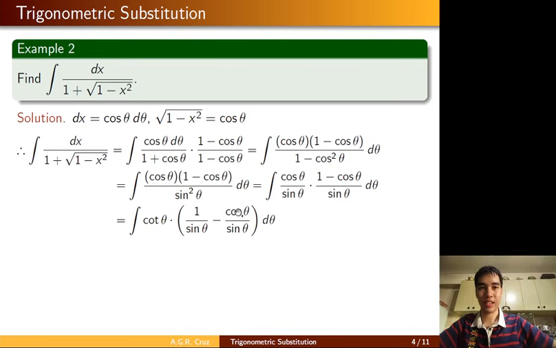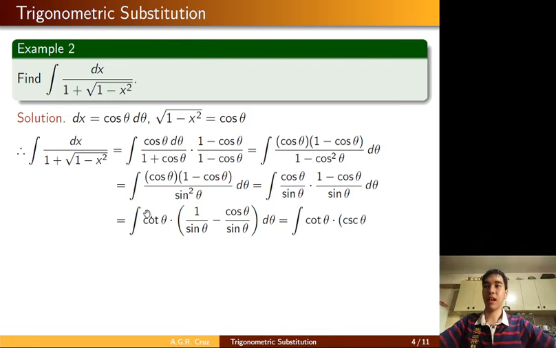So you get this. Okay? And then si 1 over sine theta, what's that equal to? Remember, si sine ay reciprocal ni cosecant. So si 1 over sine theta, that's just cosecant theta. Okay? You have cotangent theta, and then times this one will turn into cosecant theta. And on the other hand, si cosine theta over sine theta, like I mentioned, this is equal to cotangent theta.